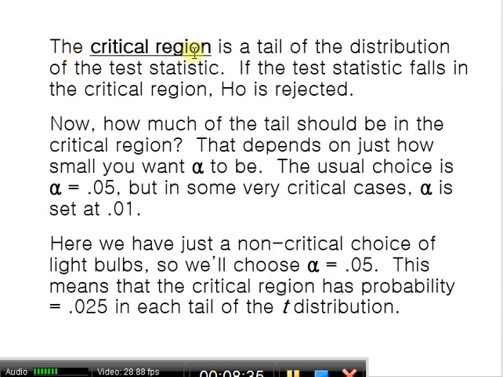The critical region is a tail of the distribution of the test statistic. If the test statistic falls in the critical region, the null hypothesis is rejected.